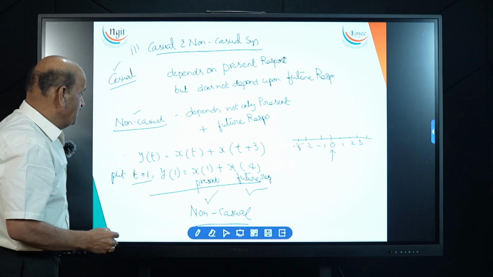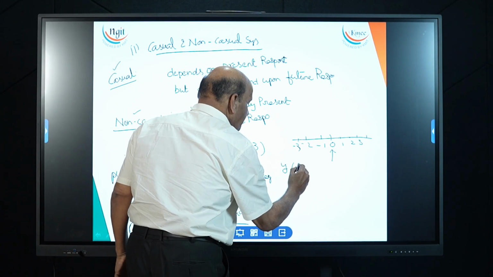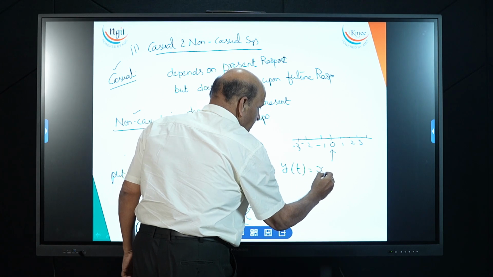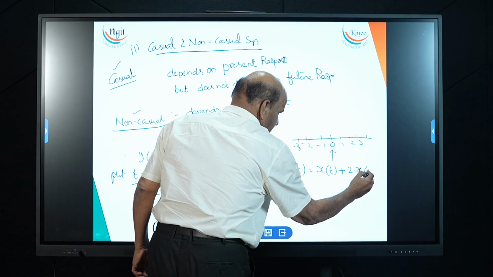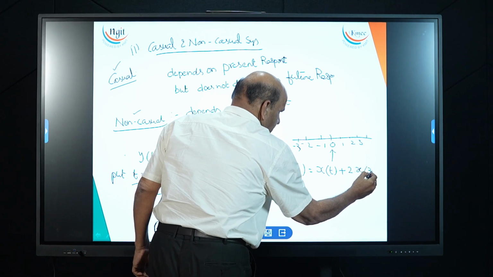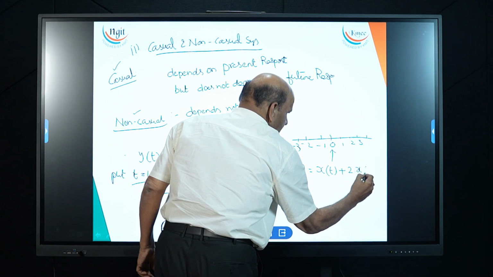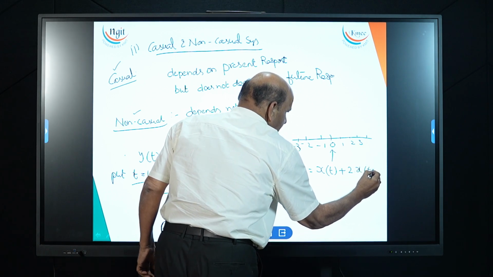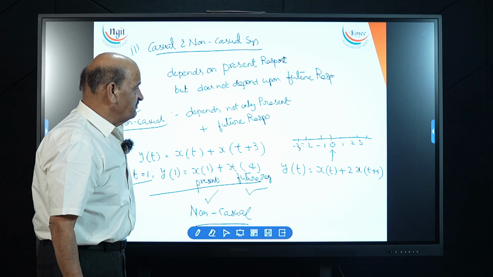For example, look at y of t equal to x of t plus 2 times x of t plus 1.